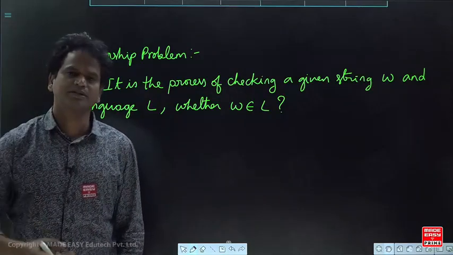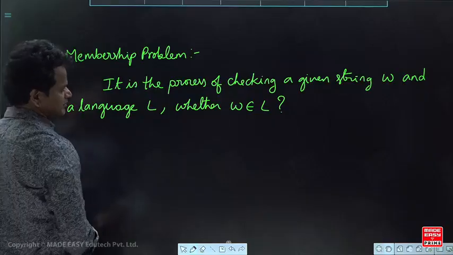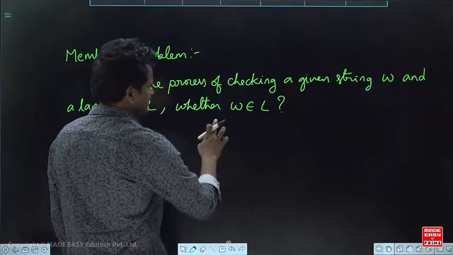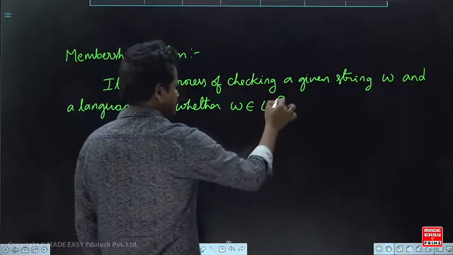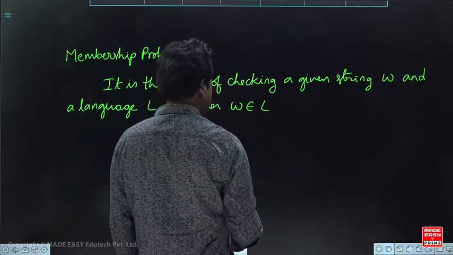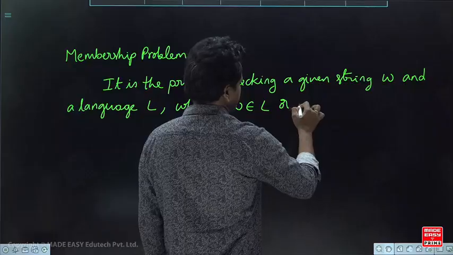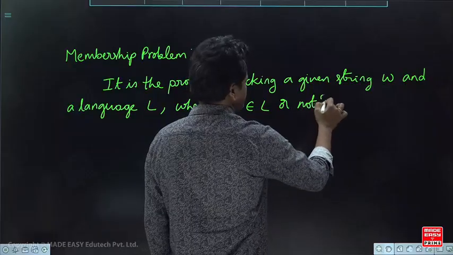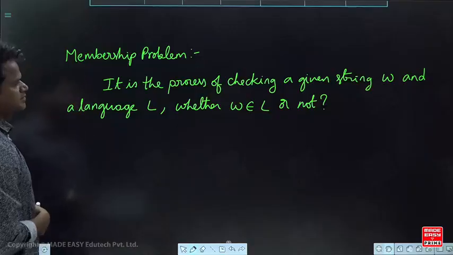This is called the membership problem. You can say W belongs to L or not, with just a question mark, no problem. So this is the meaning of membership problem.